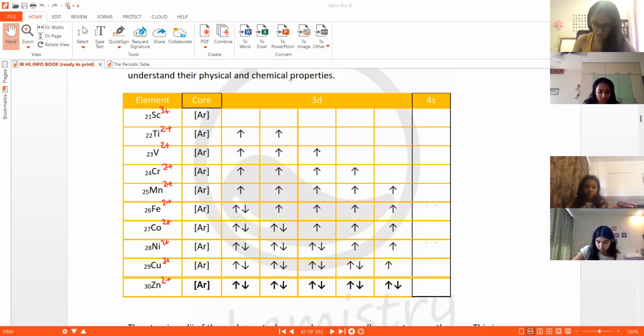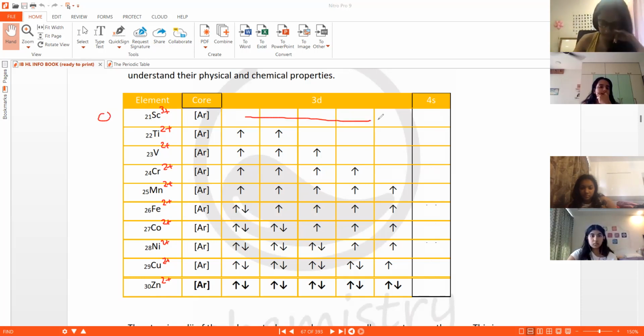Now let's see how many electrons we have in the 3d of each ion. How many electrons does Sc3+ have in the 3d? 0. Yeah, there are 0 electrons. It's empty. And then in titanium, 2.